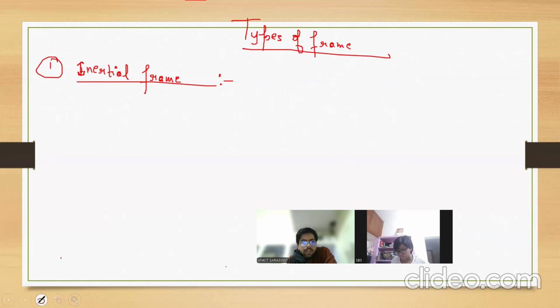Clear? So you can write: an inertial frame is a frame where Newton's laws are valid.